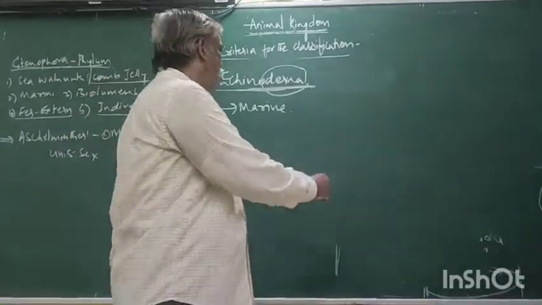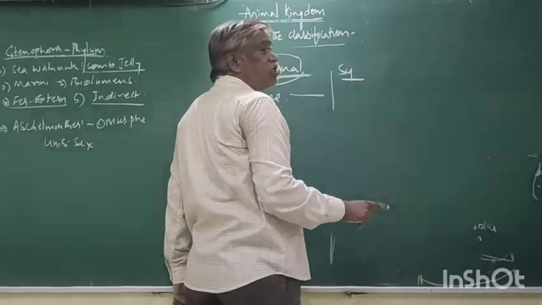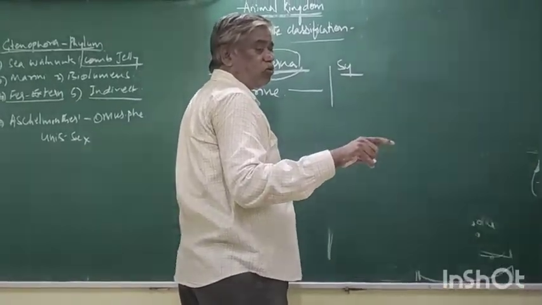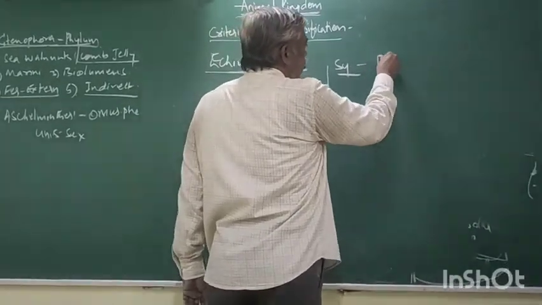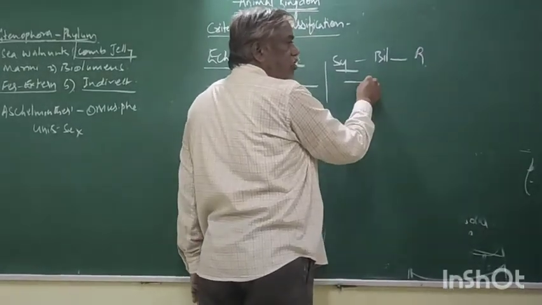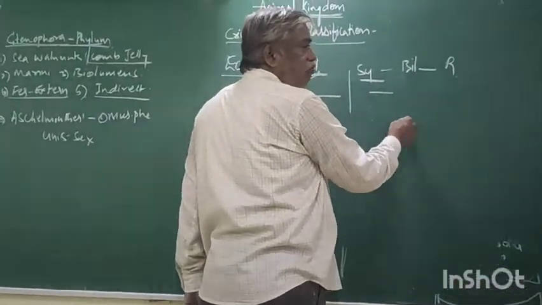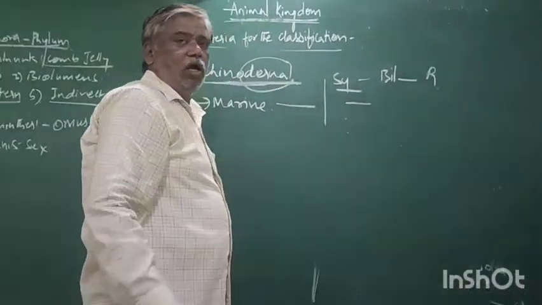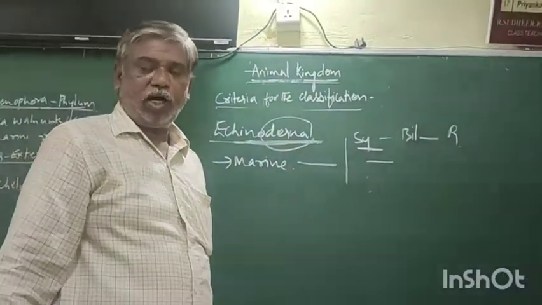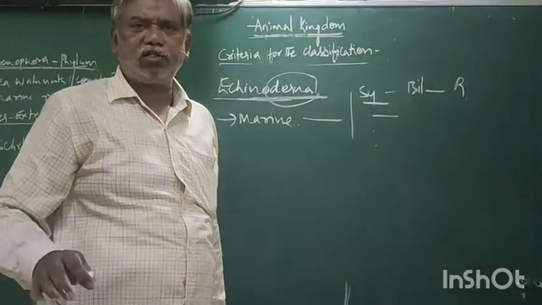Now, symmetry. I already told you: embryonic symmetry is bilateral, adults have radial symmetry. Germinal layers, triploblastic. Body cavity, coelom. Level of organization, organ system. They have the most important character, the water vascular system.